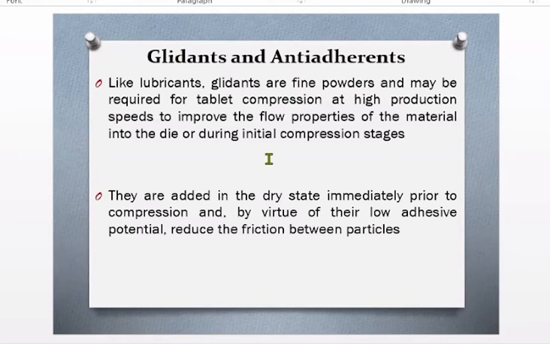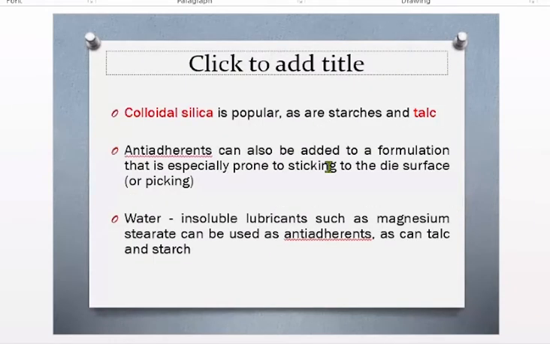Anti-adherents typically refer to those materials which you use to reduce friction between the powder blends and the wall of the tableting machine. Examples of these materials include colloidal silica, which is quite popular, and other starches and talc.